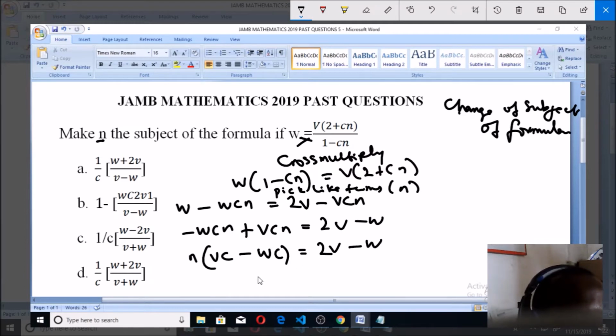You see? So you can simply make n the subject now by taking this under this. So you have n now to be equal to 2v minus w all over vc minus wc. So I hope it's clear.